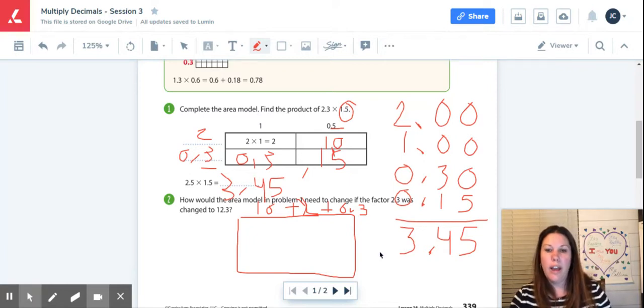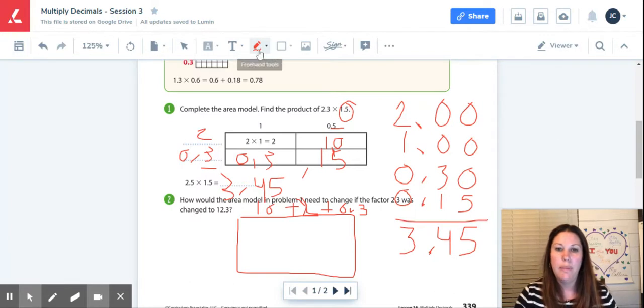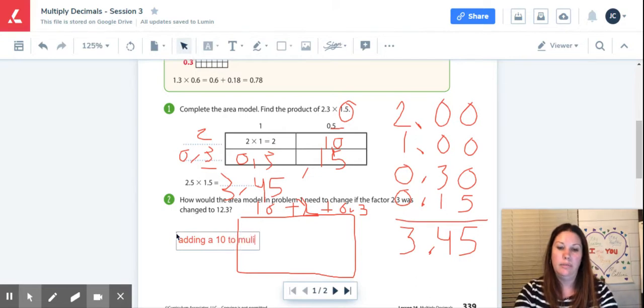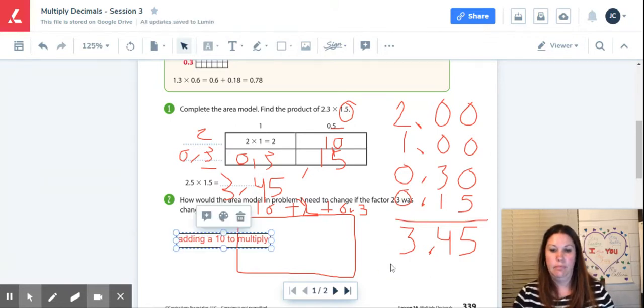So our area model has changed because here it was just 2.3, but now we have to add a 10 in there. So it'd be 10 plus 2 plus 0.3. So that's how it would change. So we're adding a 10 here. So I'm going to type that up right here. We're adding a 10 to multiply. Okay?